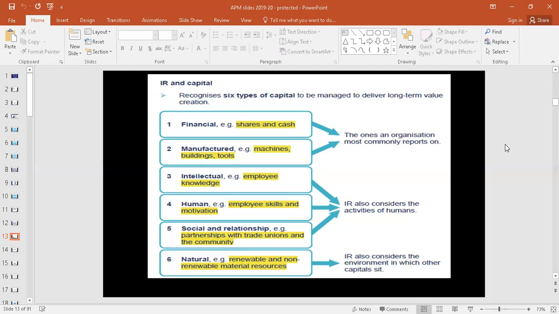So the sixth type of capital is natural capital. It talks about both the renewable and the non-renewable resources of the organization. Detailed information about each aspect is prepared, and then it is integrated with the report on the financial statement. We call that an integrated report.